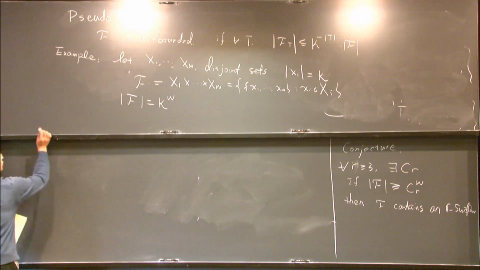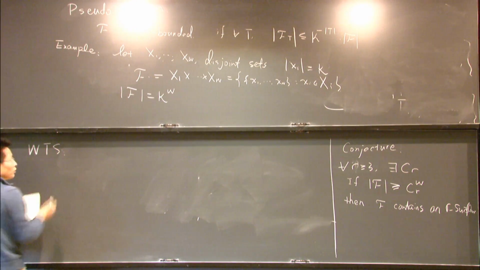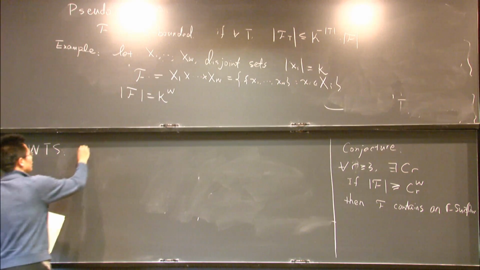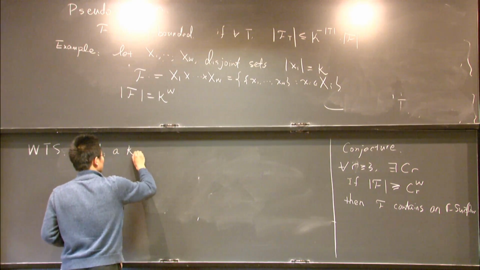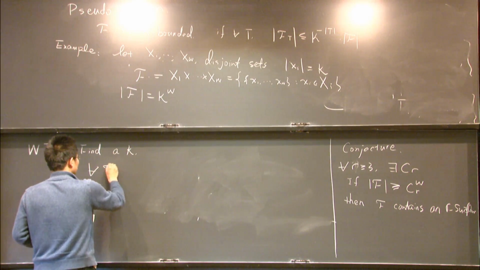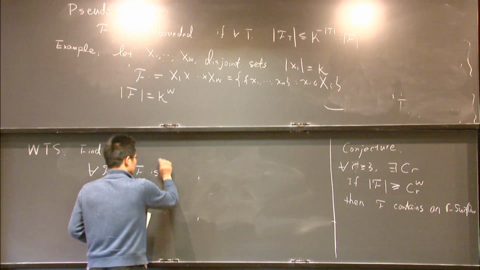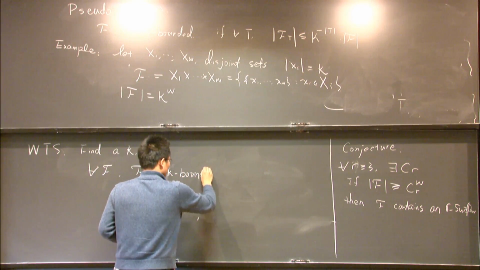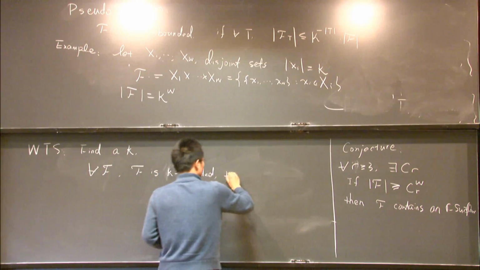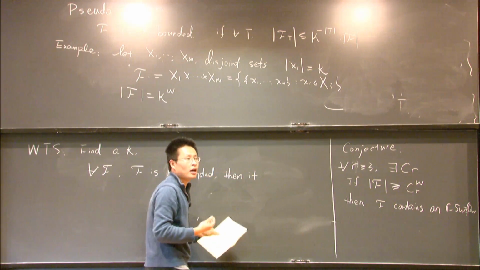Okay, so now we can simplify our question. We want to find a kappa such that for any set system, if F is kappa-bounded, then it contains a 3-sunflower, thinking about r equal to 3.